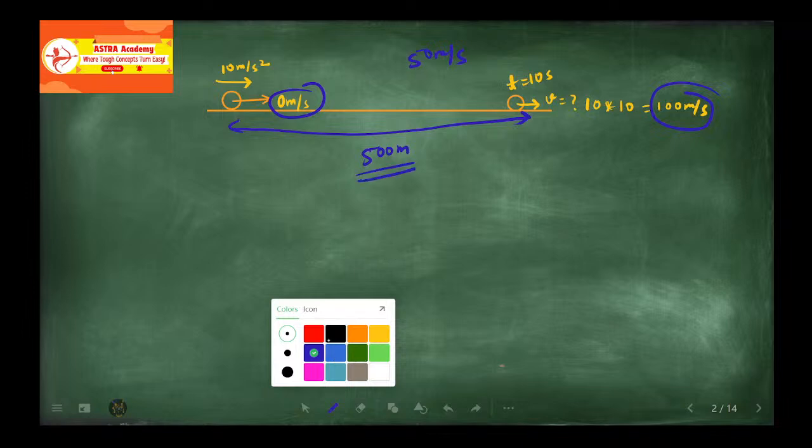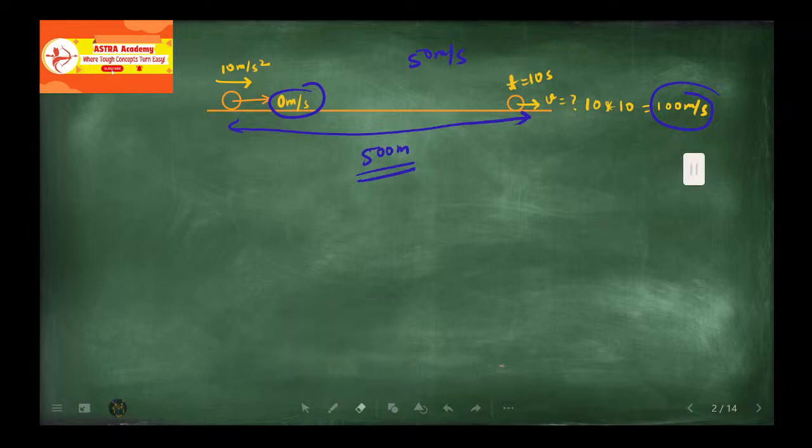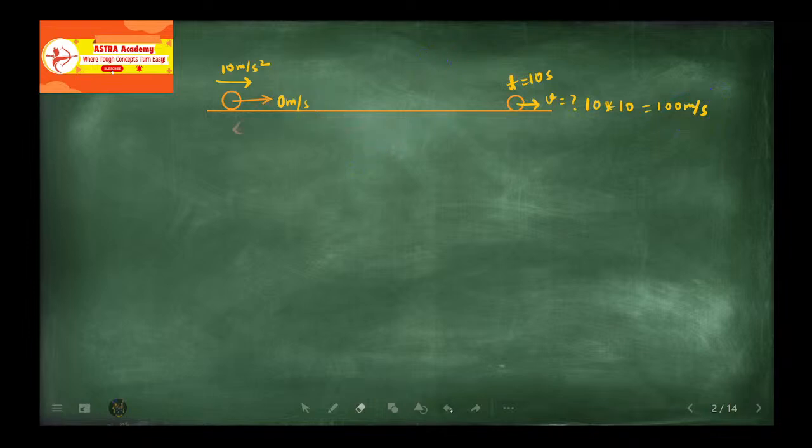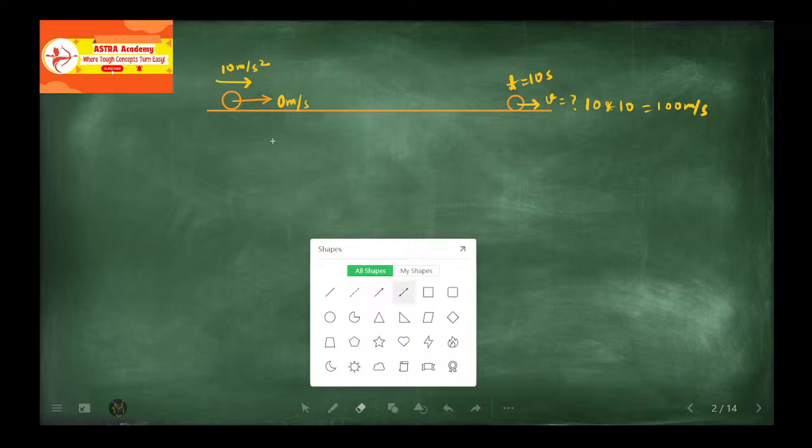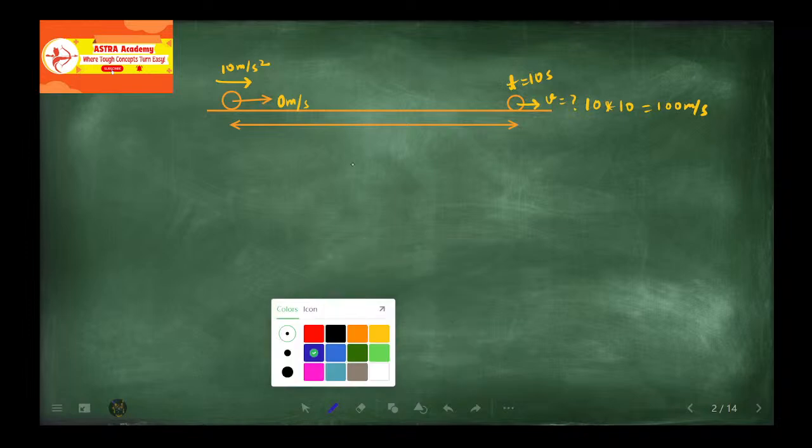It is very easy. Let us make something difficult. So basically the distance between these two points, the displacement of the ball, is 500 meter.